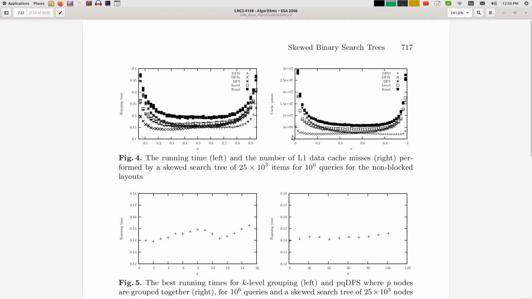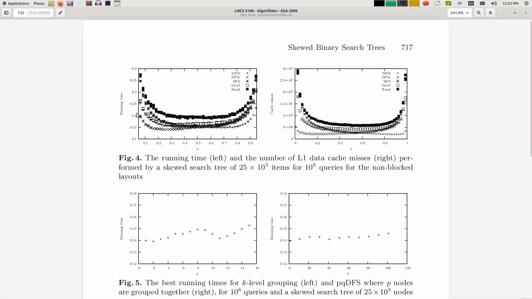So what happens to the running time? Well, it's slightly more complicated, because they have taken into account different layouts, how you can lay out the tree. We can see that there are some layouts that are not very sensitive towards skewedness. For example, the random layout given by these boxes is essentially a curve like this that is best when you have a perfectly balanced tree.